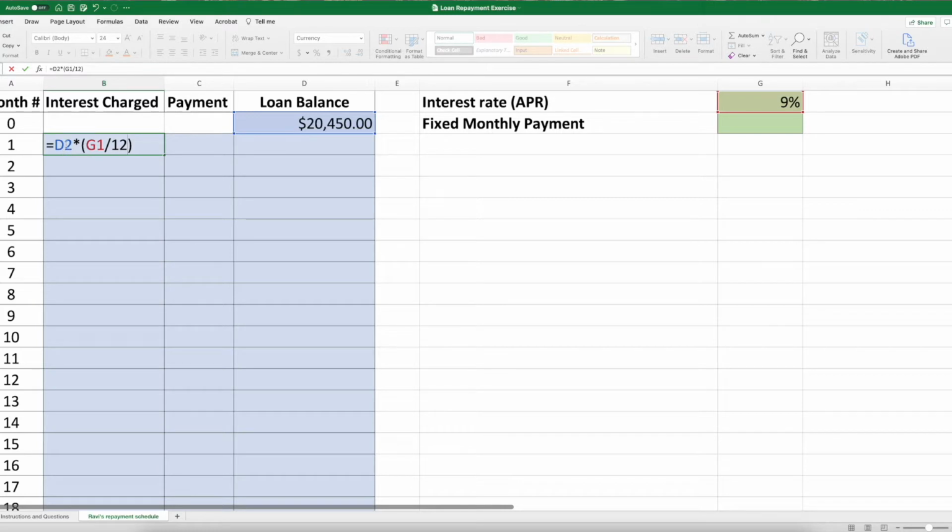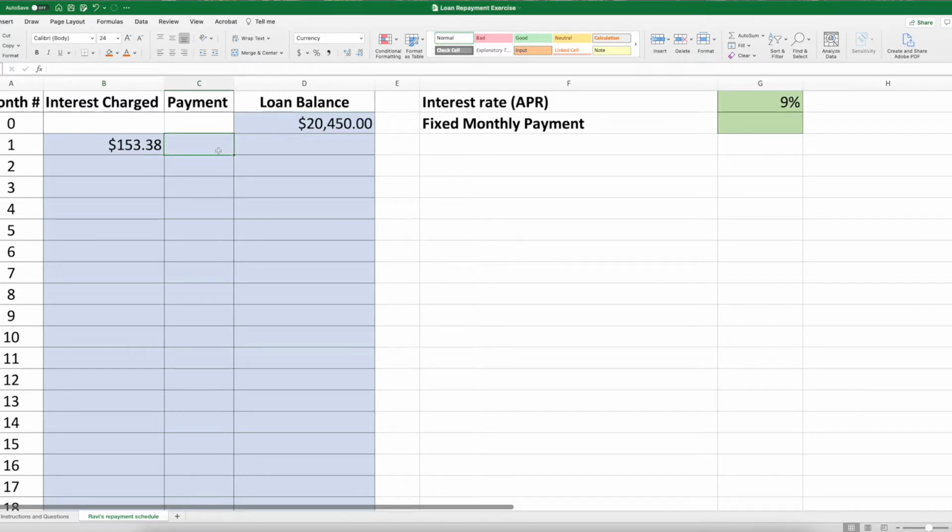So the formula for calculating the interest is the previous month's loan balance, which is contained in cell D2, multiplied by the monthly interest rate, which is contained in this parenthesis. So I press enter and it calculates my first month's interest charge as $153.38. Okay, good.